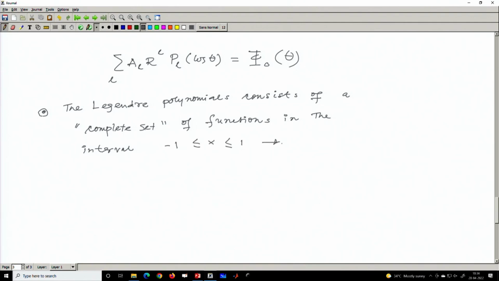That is because I am talking about P_L(x). Now, if x is cos theta here, then theta goes from 0 to pi, because when theta is 0, cos theta is 1, and when theta is pi, it is -1. So this is the limit.